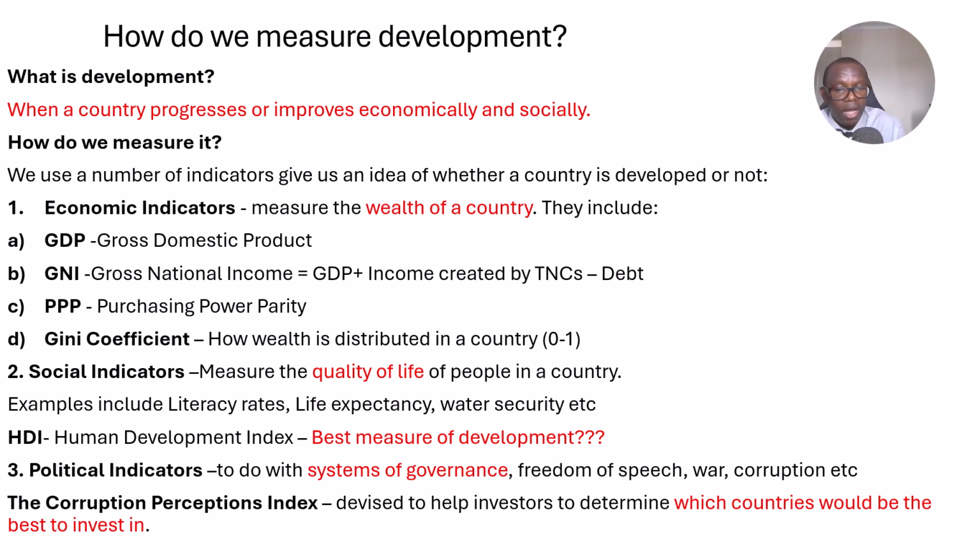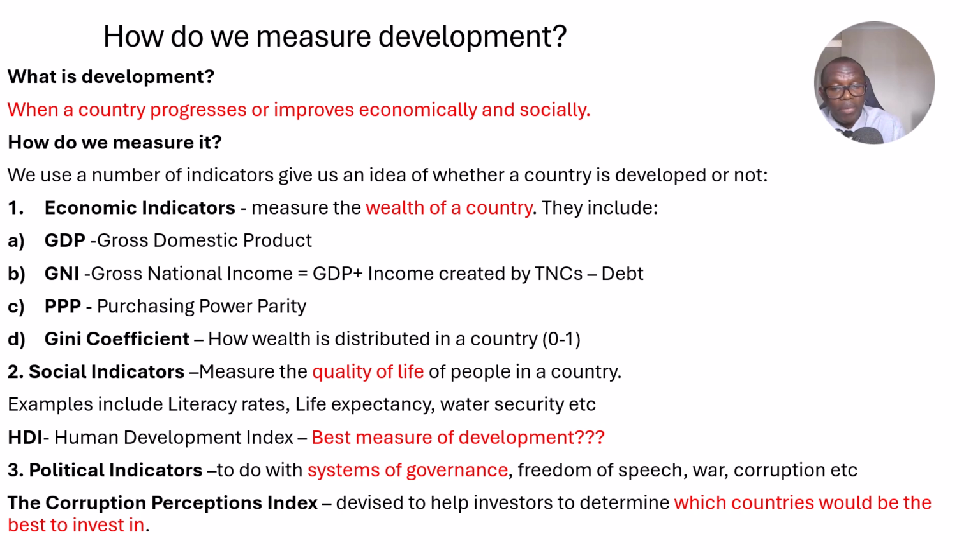Then lastly, we have political indicators. Now, these have to do with systems of governance within a country and will include things like freedom of speech and corruption. And under this, we have the Corruption Perceptions Index. And this index has been devised to help investors determine which countries would be best to invest in.